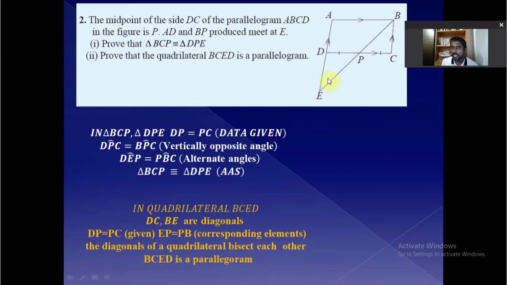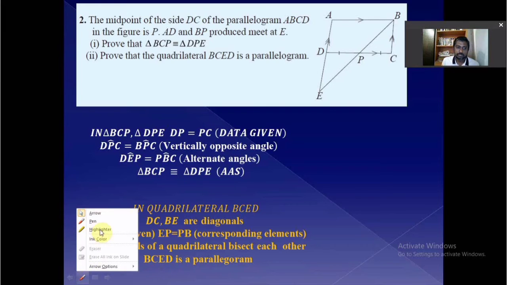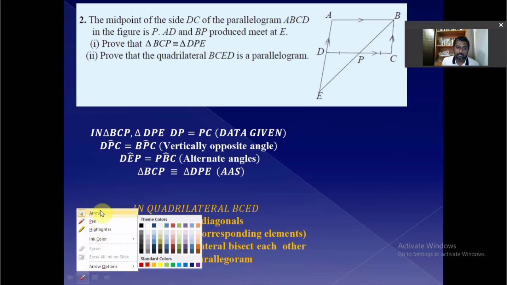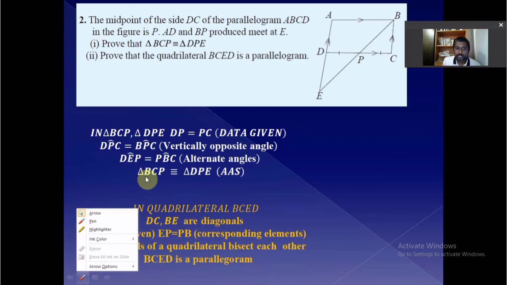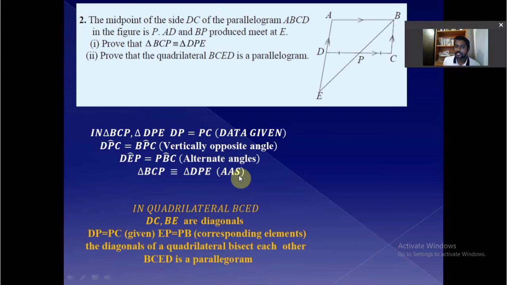Therefore, these two triangles are congruent: triangle BCP is congruent to triangle DPE. The reason is angle-side.